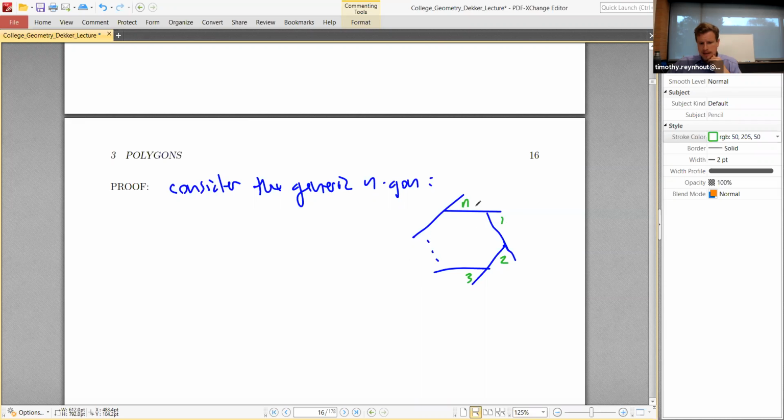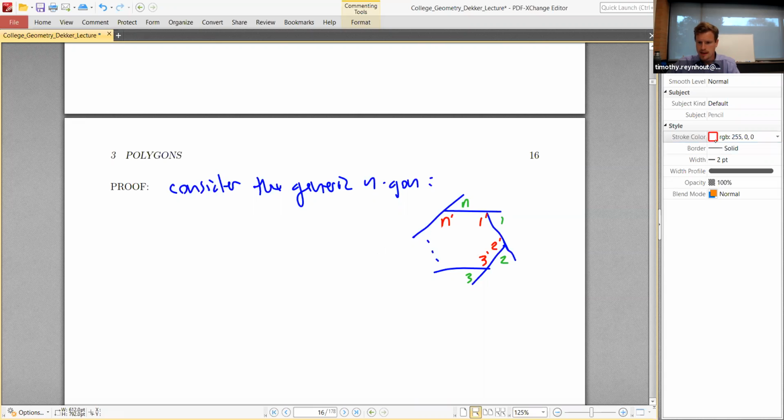So if I were to label my exterior angles in this way, I could label my interior angles with primes. So let's label our interior angles as n prime, 1 prime, 2 prime, 3 prime, on and on and on until you get to n.